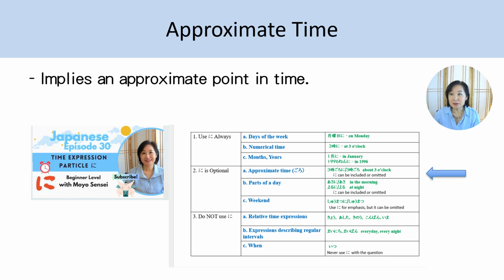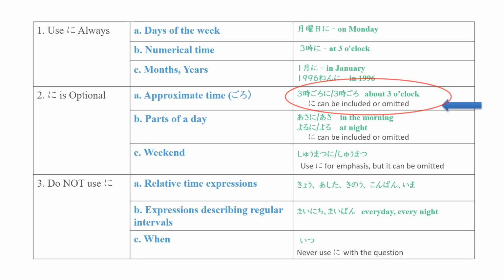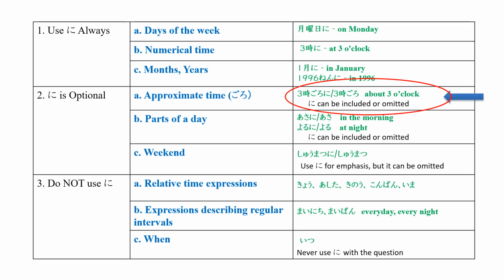Do you remember how to show approximate time? As we learned the particle ni for time expression, we learned this word goro to show approximate time, to indicate an approximate time such as about 3 o'clock. We learned that the word goro is used.